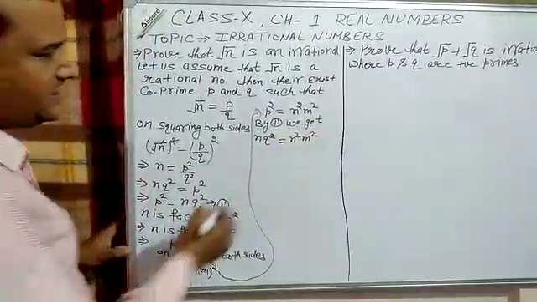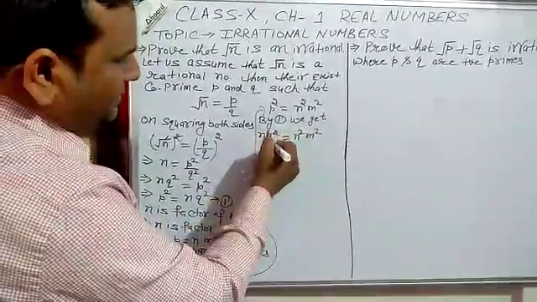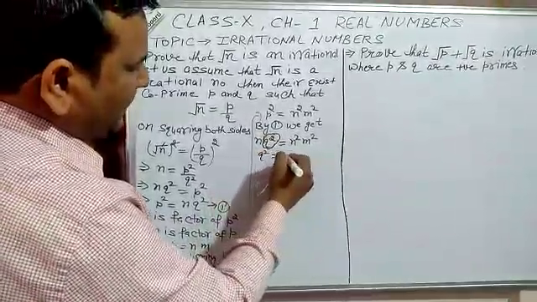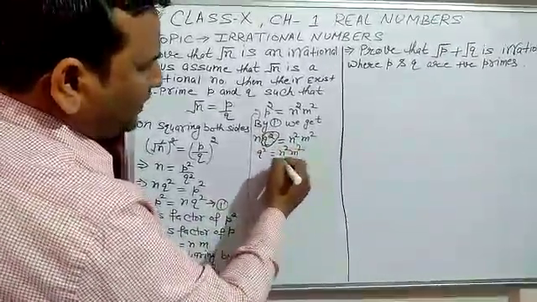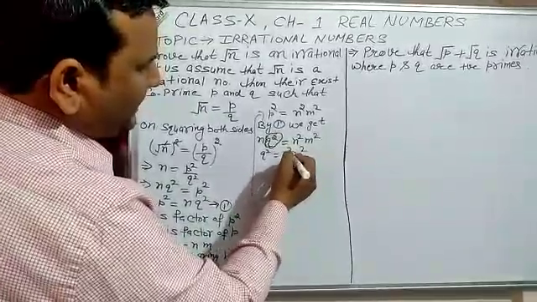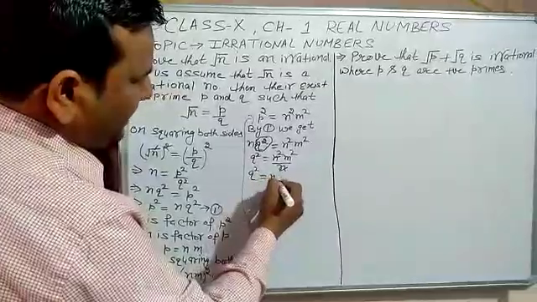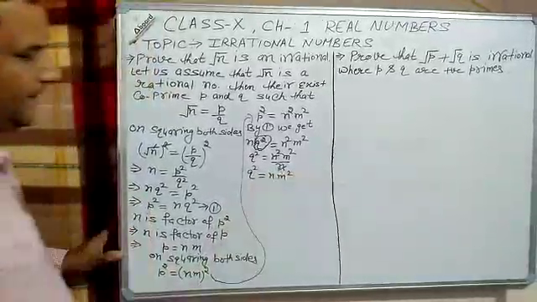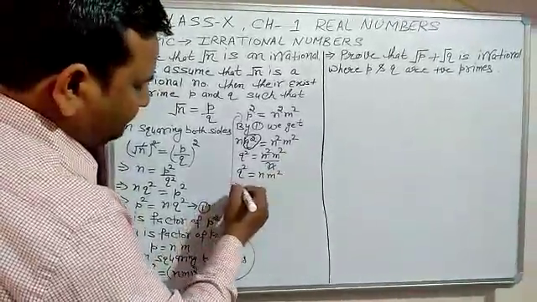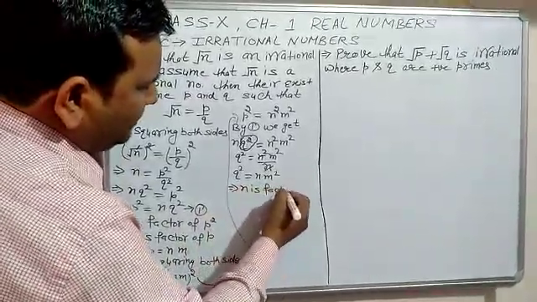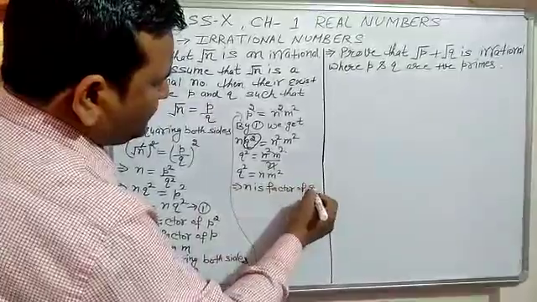Here we are interested to find out the value of q. So q square is equal to n square m square upon n. One n cancels with one n. We are left with q square is equal to n into m square. So what we are saying here: n is a factor of q square.